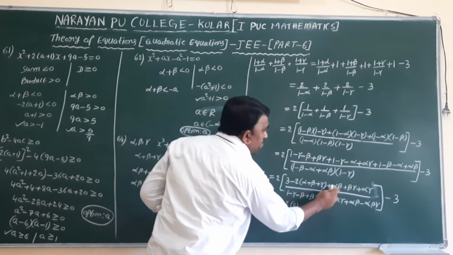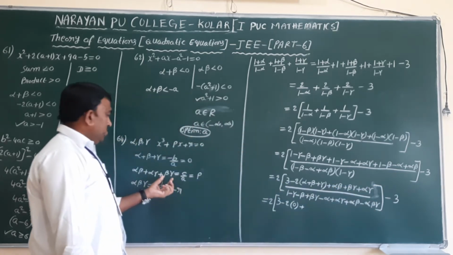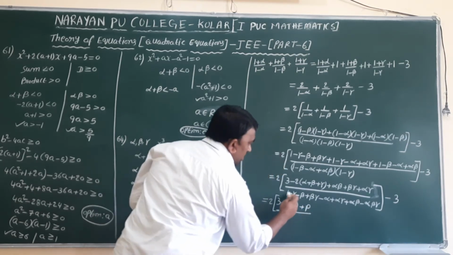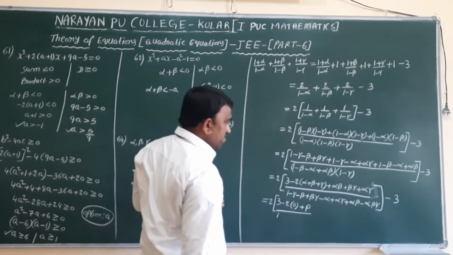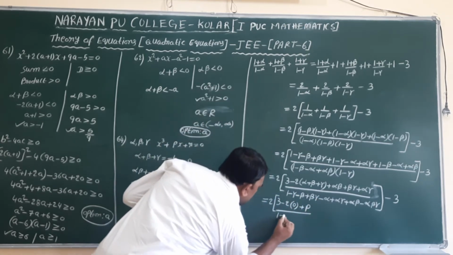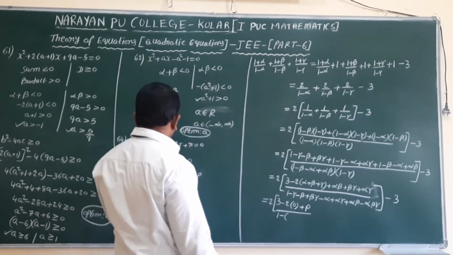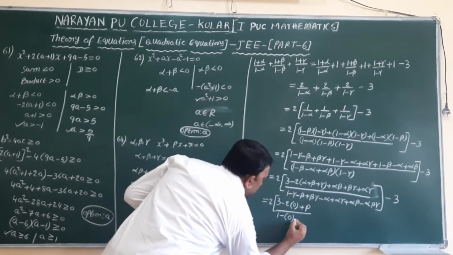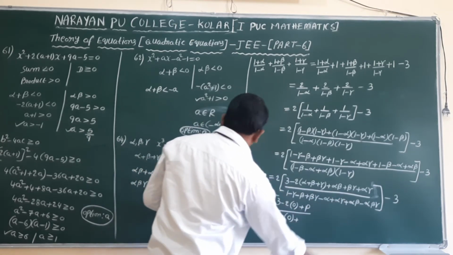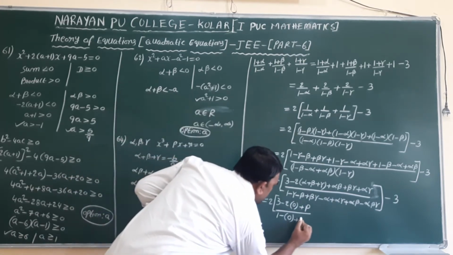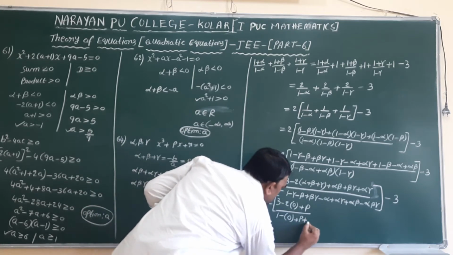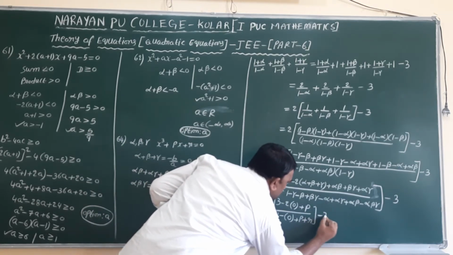plus alpha beta plus beta gamma plus gamma alpha, value is P, divided by here 1 minus alpha minus beta minus gamma, take minus (alpha plus beta plus gamma), value 0, plus alpha beta plus beta gamma plus gamma alpha, value P, minus alpha beta gamma, value R. So minus R plus R, minus 3.